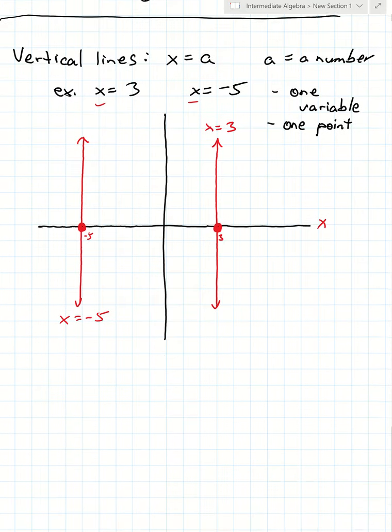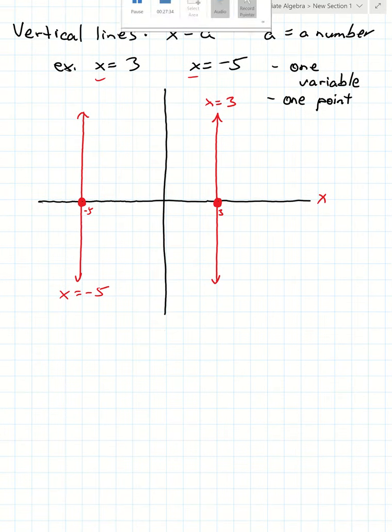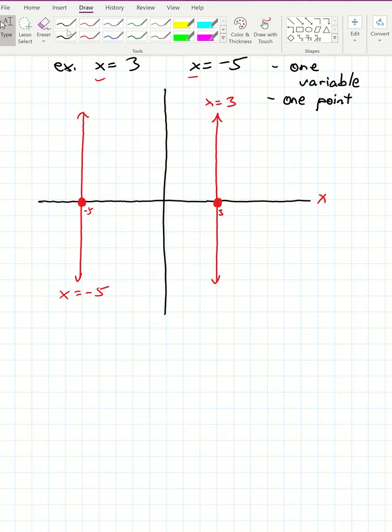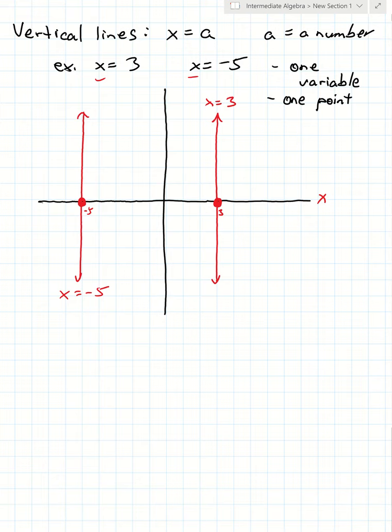Okay? The last type of line that we have to take a look at today is, of course, not vertical, but horizontal lines. Now, horizontal lines are going to look a little bit different in terms of the equation.